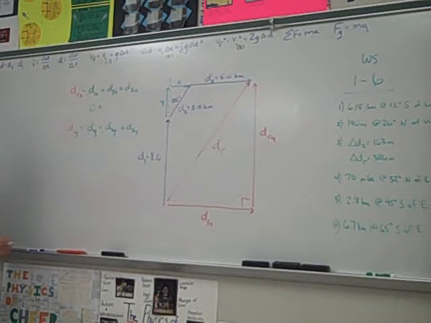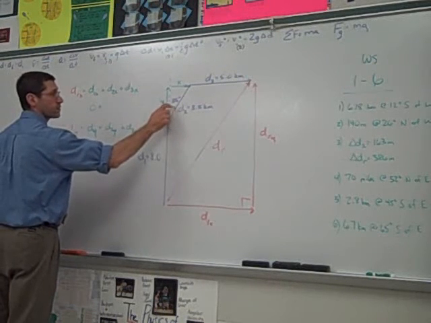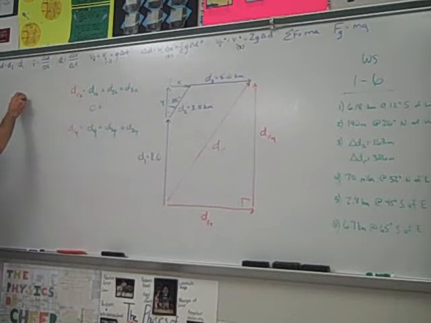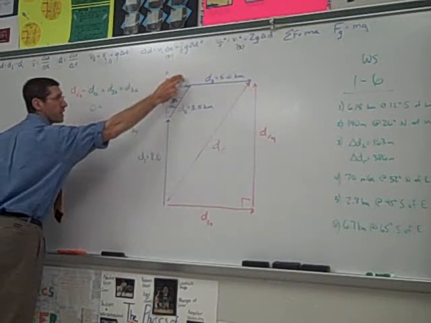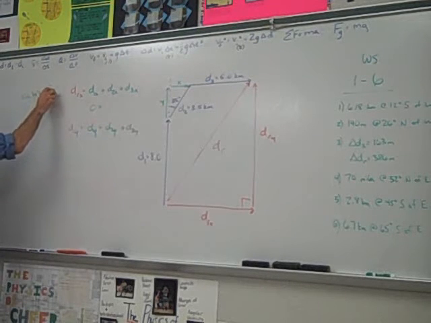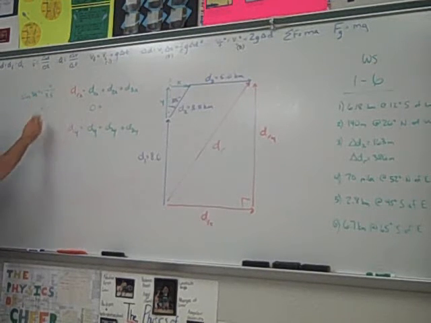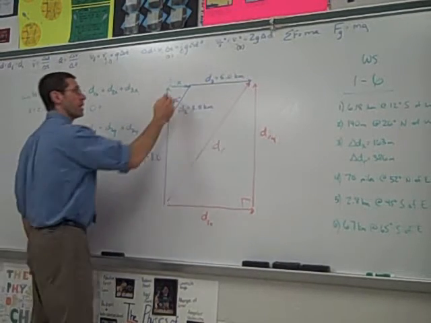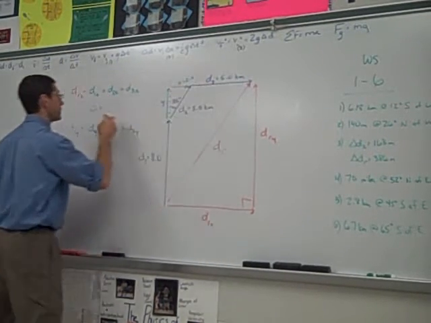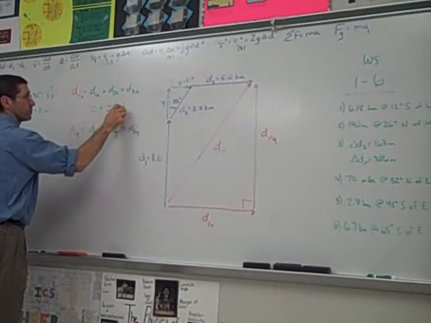Sine function, right? 35-degree angle, so we want the side opposite. So sine of 35 is x over the hypotenuse, which is 3.5. If we solve for x, that's 2. So now we know that this x here is 2, so the x component is 2.